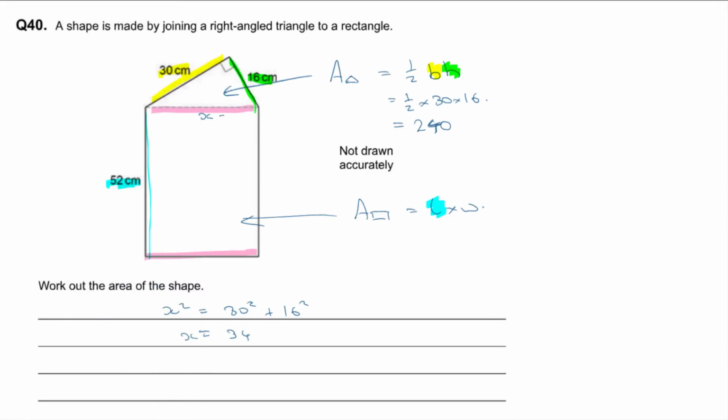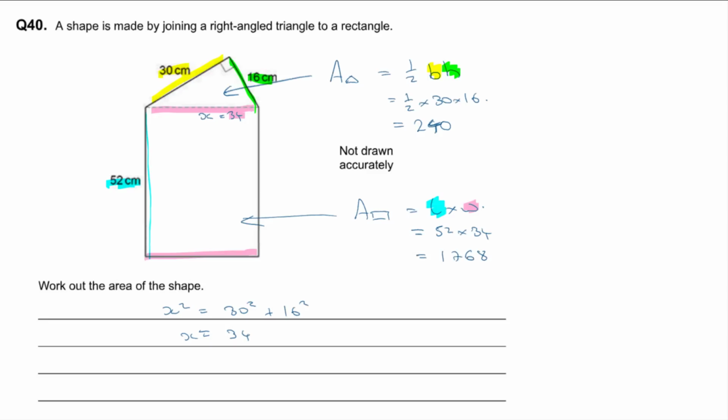So that means that side there must be 34. And now I can work out the area of the rectangle. So the area of the rectangle is going to be 52 times the width, which we just worked out to be 34, times 34. Okay, so 52 times 34 into my calculator, that comes out to be 1,768.